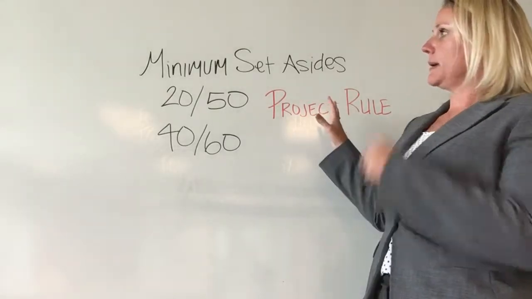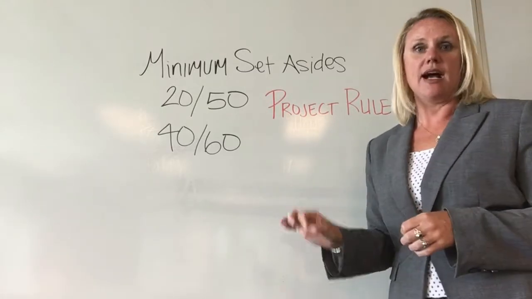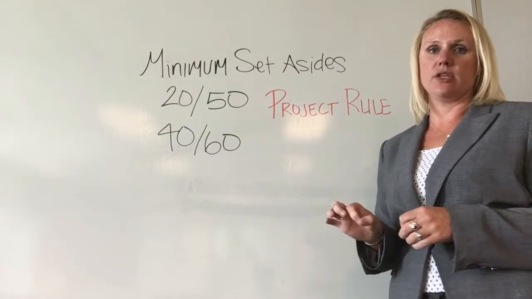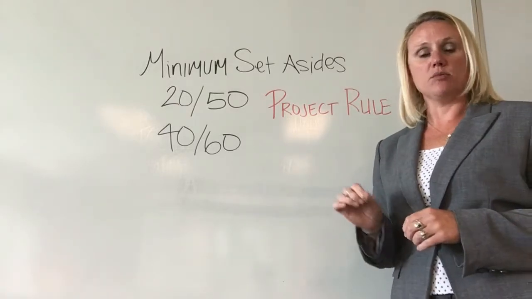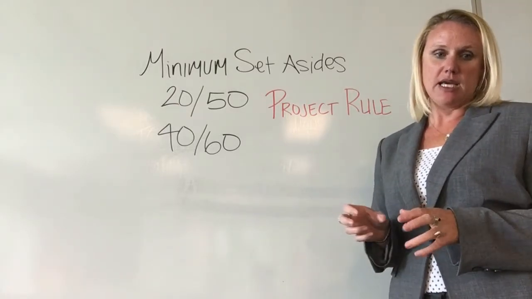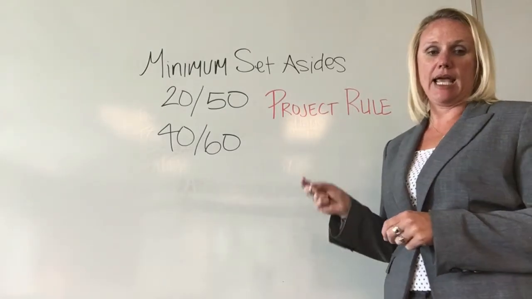Now, each building is considered its own project unless at the time of application the owner elects the buildings to be part of a multiple building project. This is done on Form 8609, line 8B.